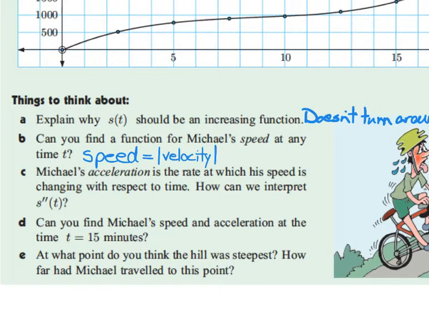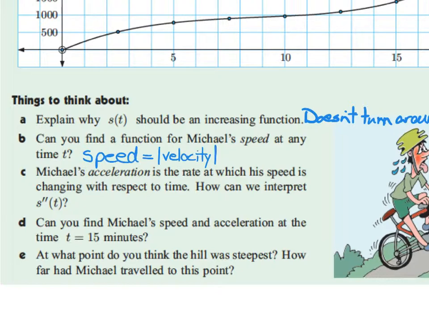If we take the absolute value of velocity, that gives us just the speed regardless of direction. If it asks you for velocity, you should give a direction: he's going this speed in this direction, or his velocity is negative or positive whatever.